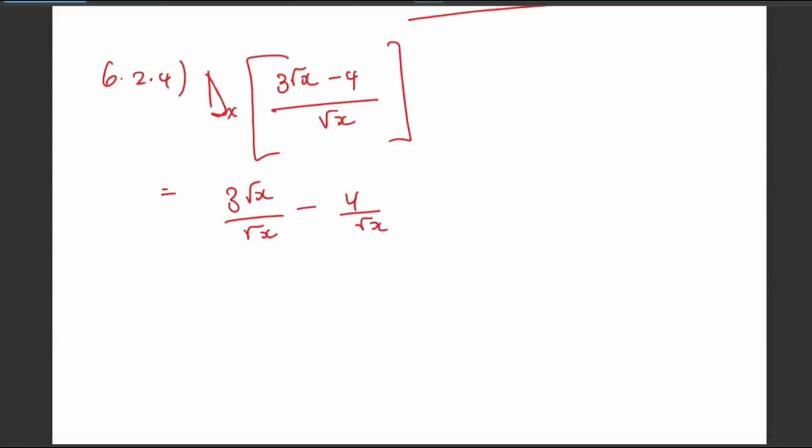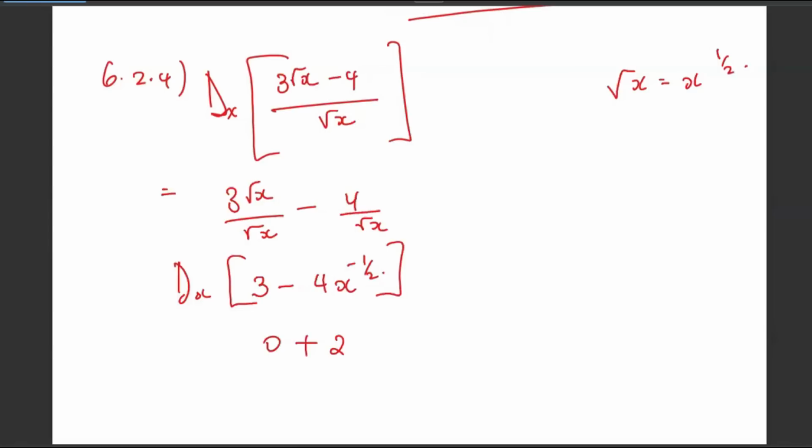So that cancels. We have 3 minus 4x to the negative a half, because we know that root x is the same as x to the exponent of a half. And then I need to find the derivative of this. It's a constant, so that's a 0. This multiplies with negative 4, which becomes a plus 2. When we subtract a 1 from the exponent, we get negative 3 over 2, meaning that our final answer is 2x to the negative 3 over 2. That's our answer.